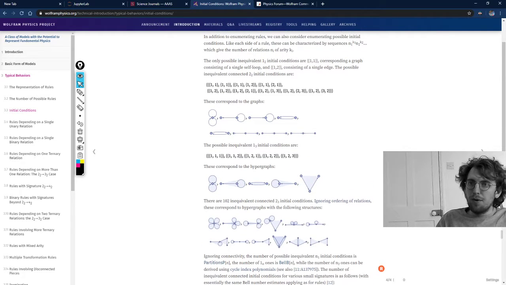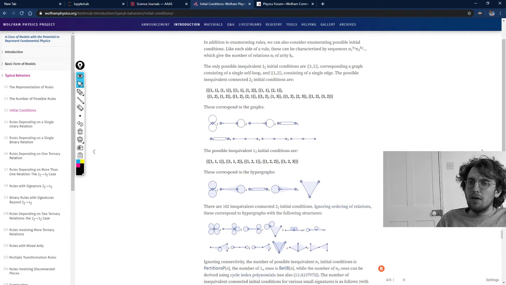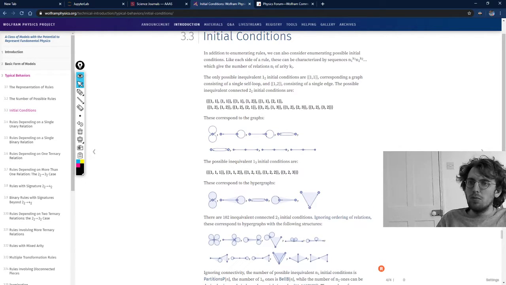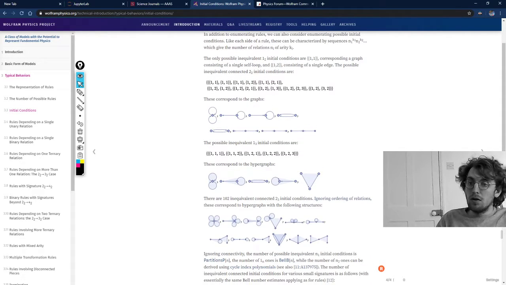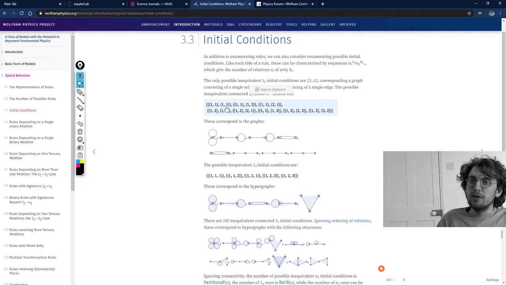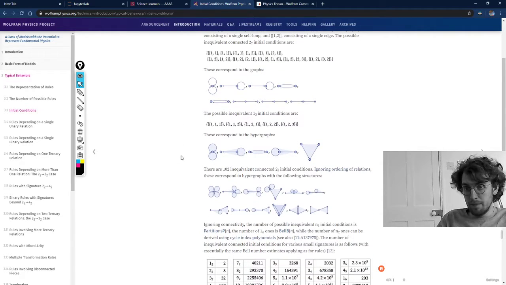Interesting that in a way 1, 3 is smaller than 1, 2. Because if we look for these, no, actually that makes sense. 1, 3 has 3 elements. 2, 2 has 4 elements.